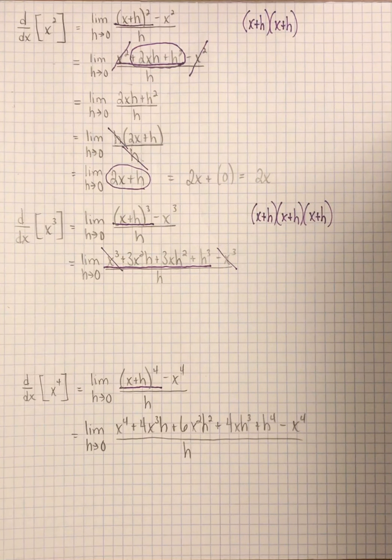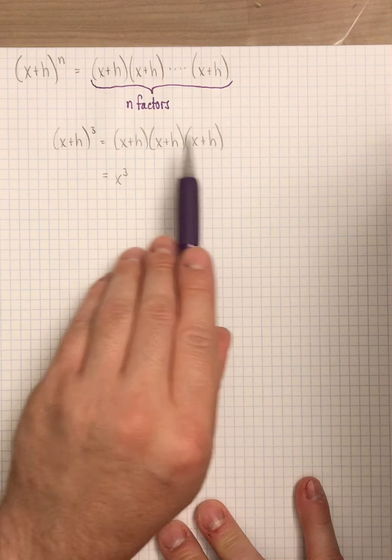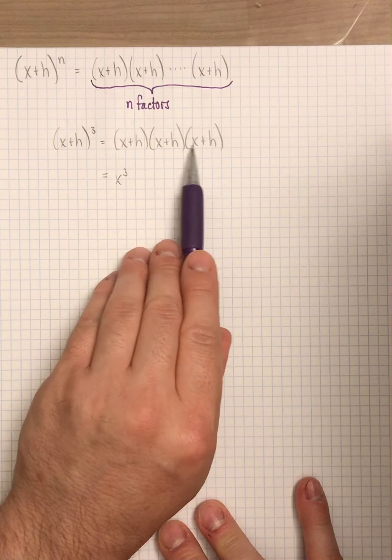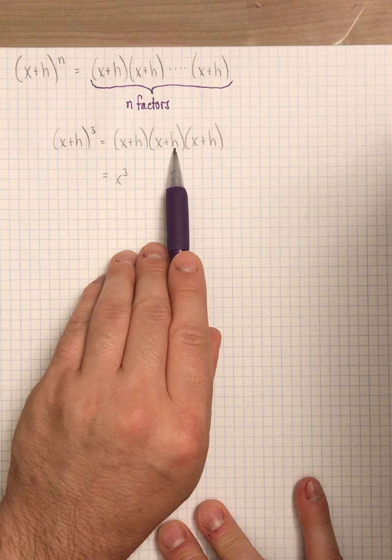Now, it is possible, of course, to choose x from two of them and h from the third. But there is more than one way we can do that. We can literally choose x from the first two and h from the third, but we could also choose x from the first and third and h from the middle. Or we could choose h from the first and x from the other two.